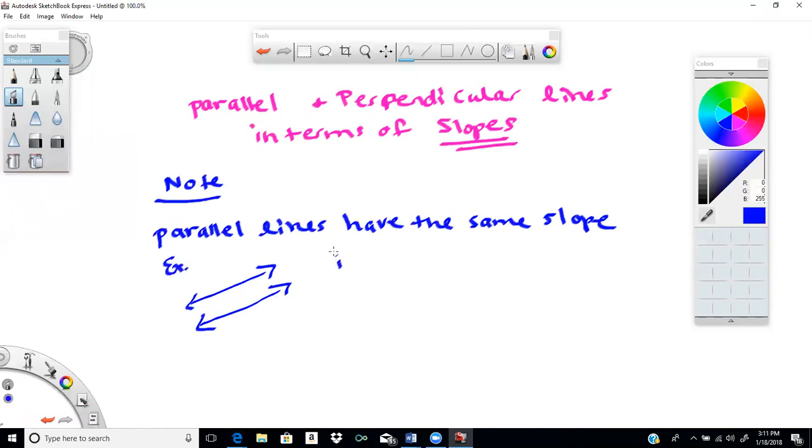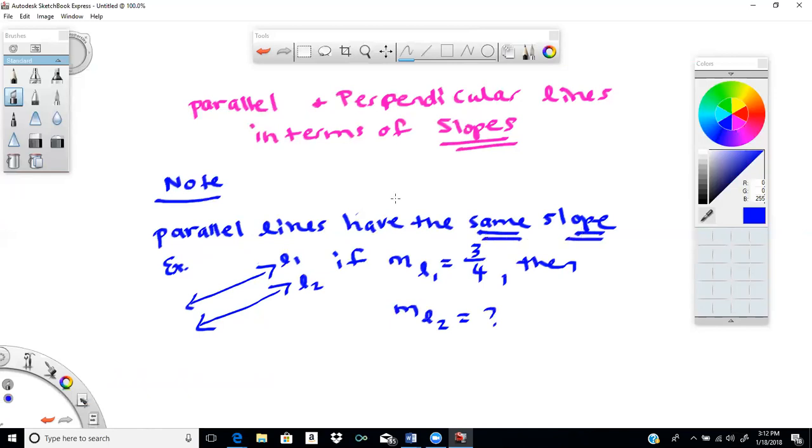So if the slope of line 1 is equal to 3/4, and line 1 is parallel to line 2, then the slope of line 2 would be equal to what? We've already established that parallel lines have the same slope, so therefore it would be 3/4, the same. Very good.